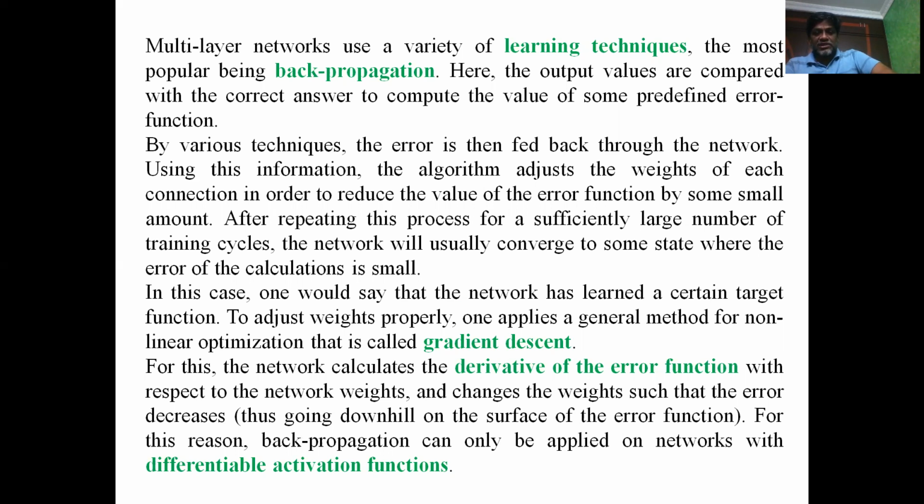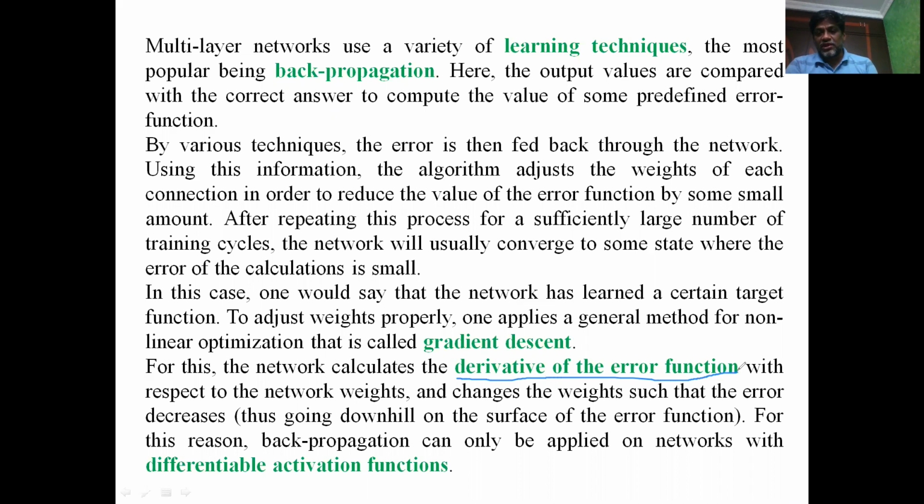The reason for this quick optimization is that the network calculates the derivative of the error function with respect to the network weights and changes the weights such that the error decreases, and it quickly goes to the optimum. That is, the error becomes as small as possible in a few steps. For this reason, backpropagation is applied only on networks with differentiable activation functions.